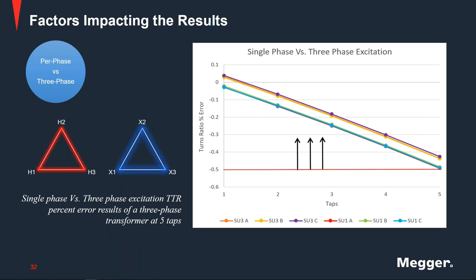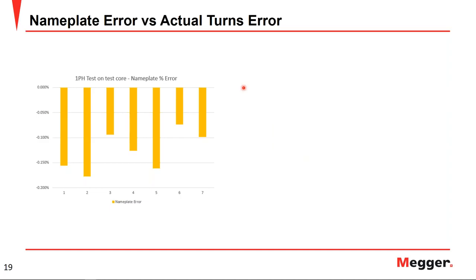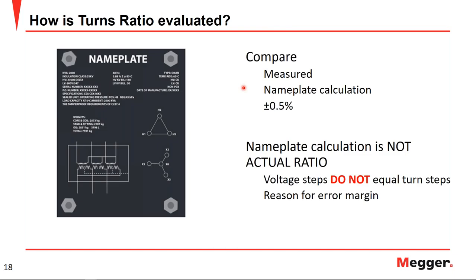So the turns ratio error, and I think we might be referring to this slide here. The percent error that we are comparing against when we look at the plus or minus 0.5% in this example is the nameplate calculation.